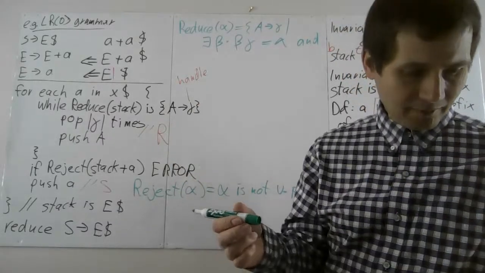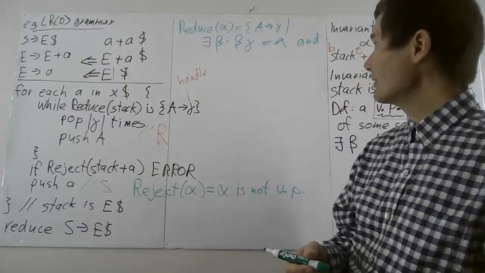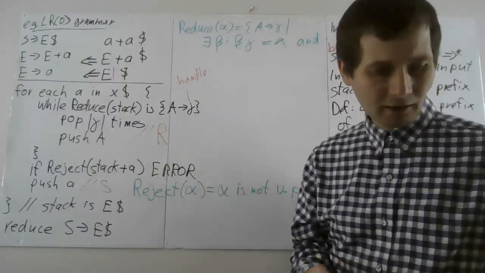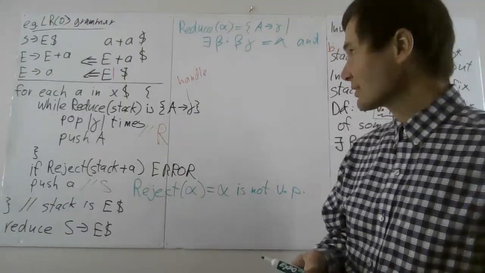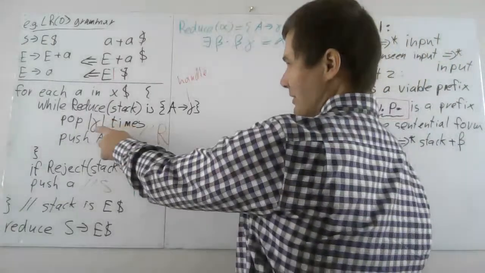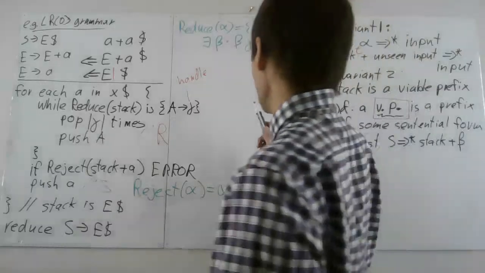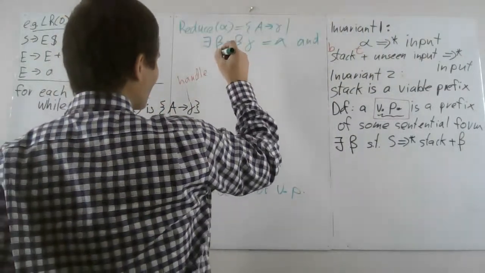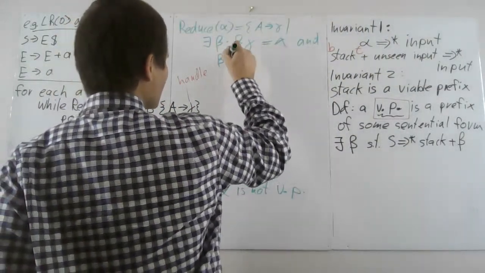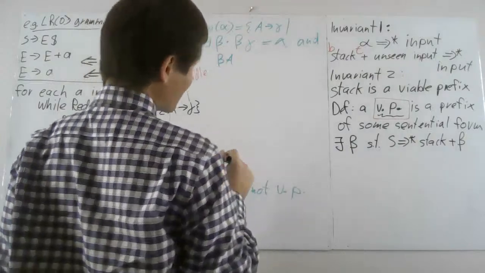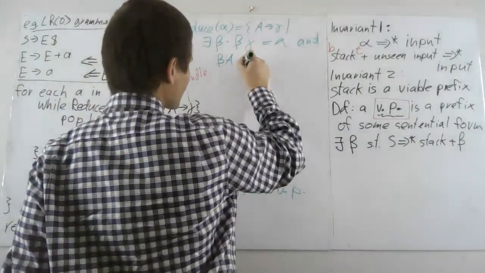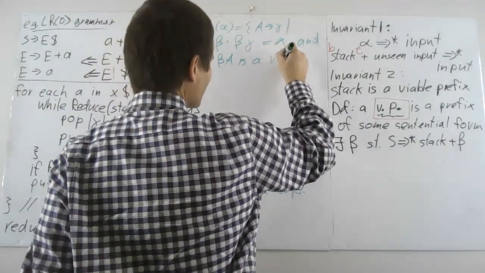So I need to ask myself, what will be on the stack after I reduce? Well, I'm going to pop gamma and push A. So if my stack was beta gamma and I pop gamma and I push A, then I'm going to say that beta A is a viable prefix.